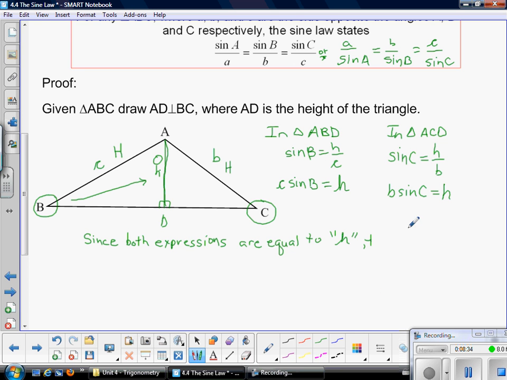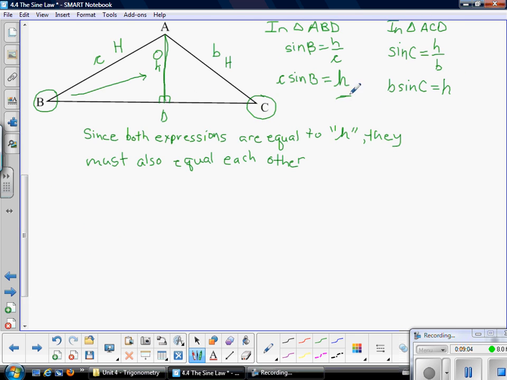And they, I'm referring to the expressions, must also equal each other. Okay, so what that means is, I'm just going to bring this down again, because this H and this H are the same thing, that means that C sine of B must equal B sine of C.